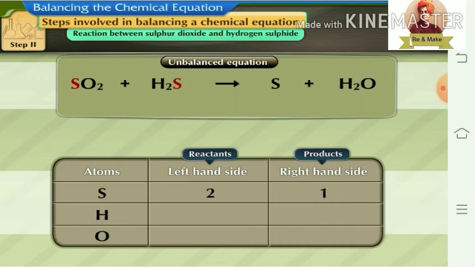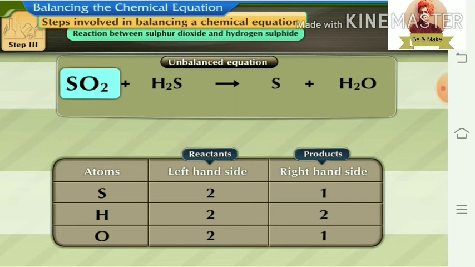Sulfur 2 at LHS, 1 at RHS. Hydrogen 2 LHS and 2 at RHS. Oxygen, these are 2 at LHS and only 1 at RHS. So oxygen is unbalanced as well as sulfur is unbalanced.